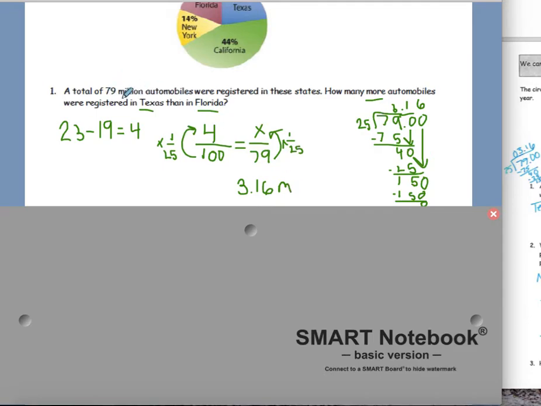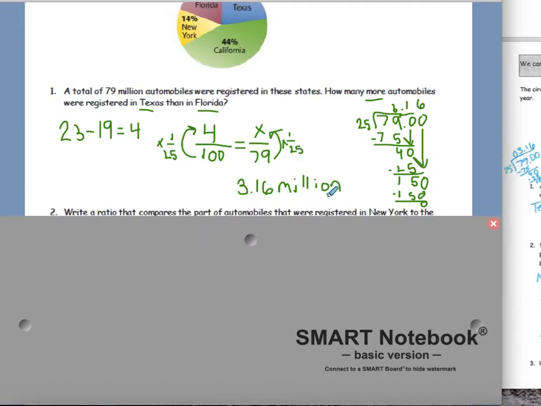Remember, this was 79 million, so we're going to have 3.16 million more. So don't forget what we're talking about. It's always super important when we're working with word problems to make sure that we always go back and write our units.